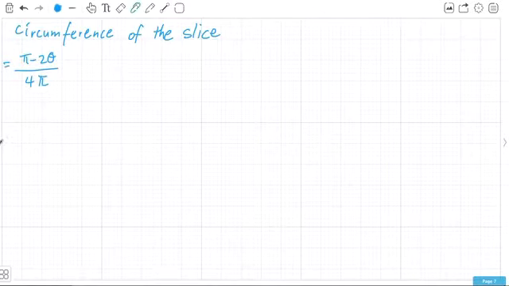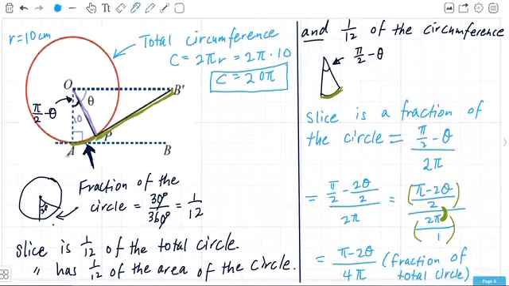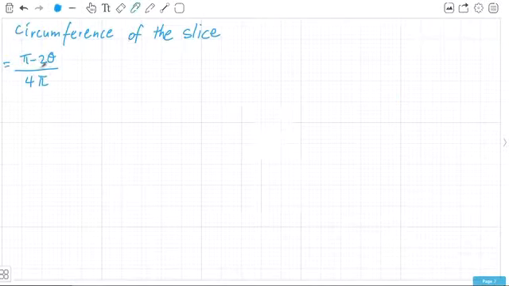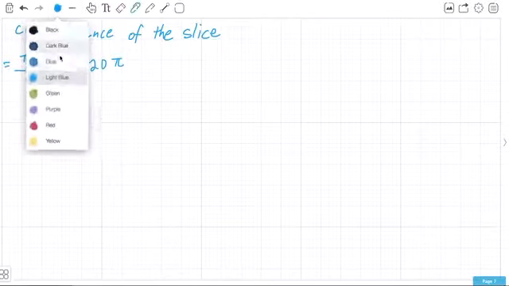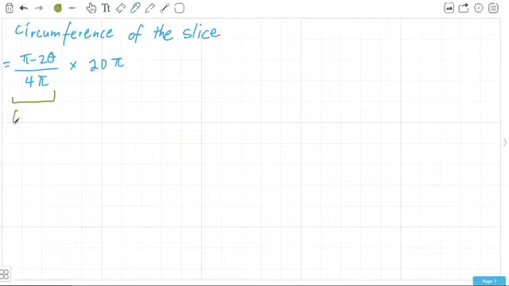I've just been calling it a slice because I like calling it a slice, but it is also called a segment of a circle. So it's the fraction times the total circumference of the circle, which was 20 pi. So the two parts there, if you want to label them, that's the fraction of the total, and this is the total circumference.